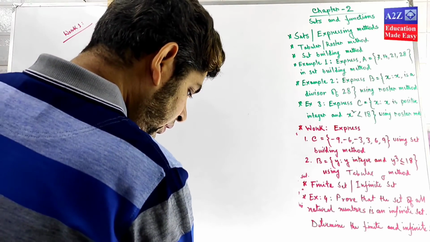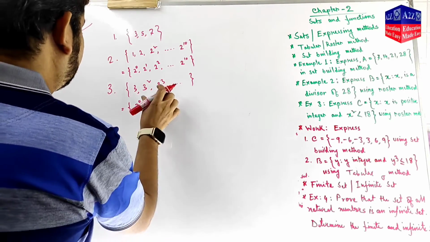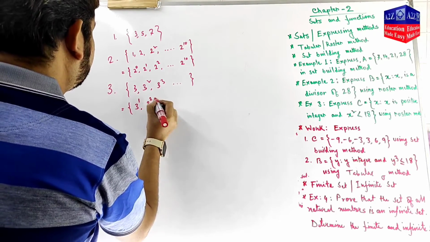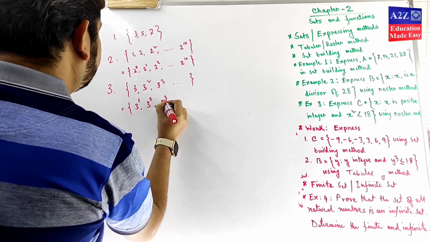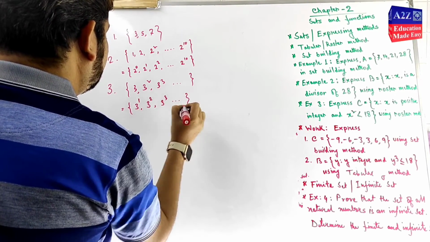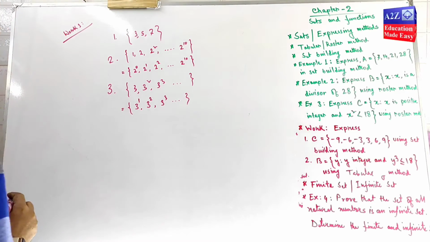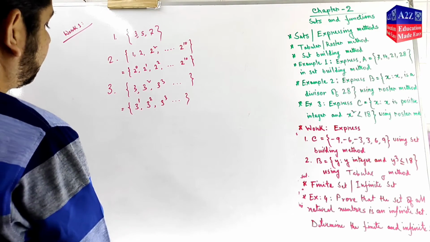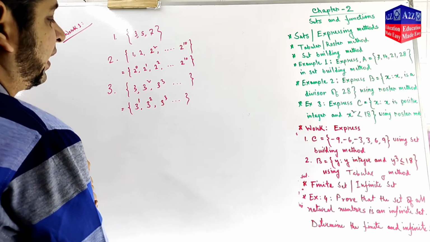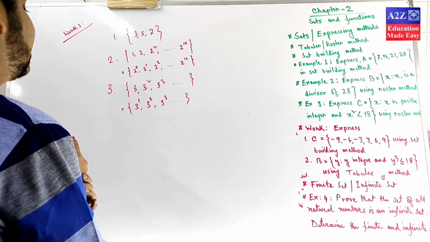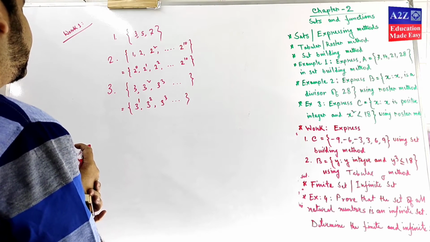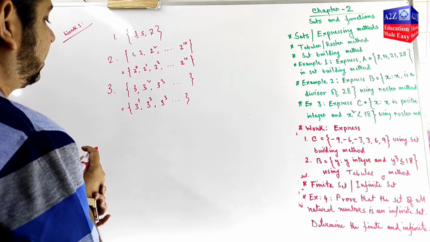It can be rewritten as 3 to the power 1, 3 to the power 2, 3 to the power 3, and so on. We can see that the initial item starts with 3 to the power 1, but there is no final item. Since it has no final item, this set contains an unlimited number of items, so this is an infinite set.